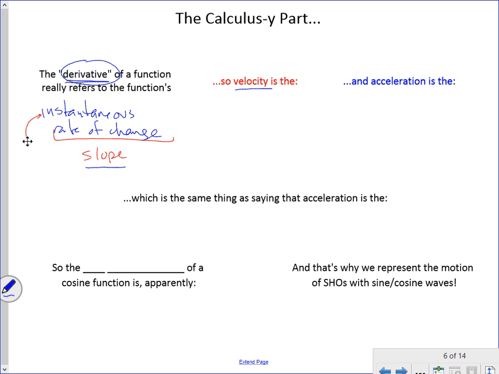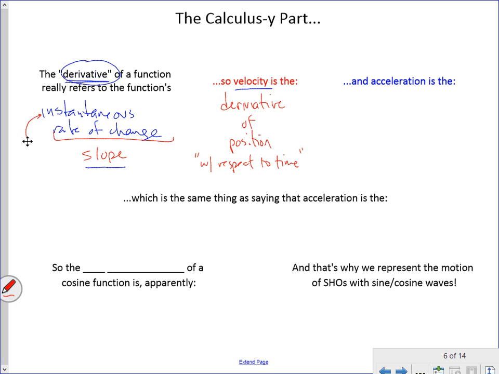So velocity, from a calculus standpoint, is the derivative of position, with respect to time.